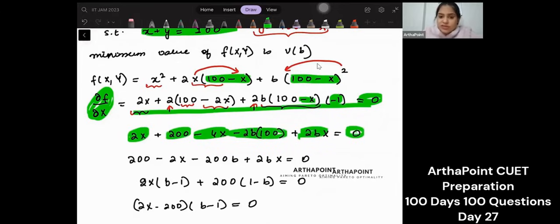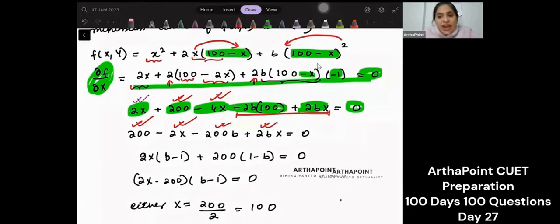Now just see what I have done. I have just tried to simplify this. So between 2x minus 4x, I will get minus 2x. And then I will get this 200 as it is. And here, if you take this, you will get minus 200b plus 2bx.